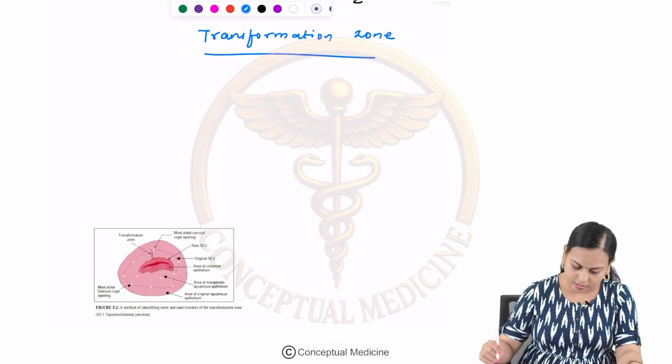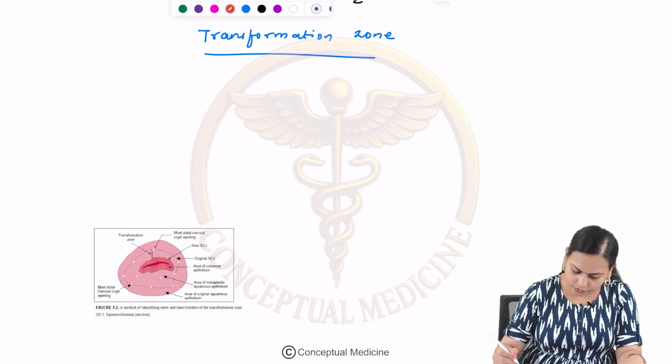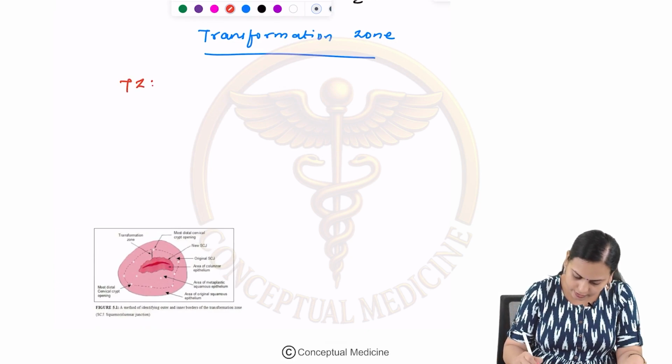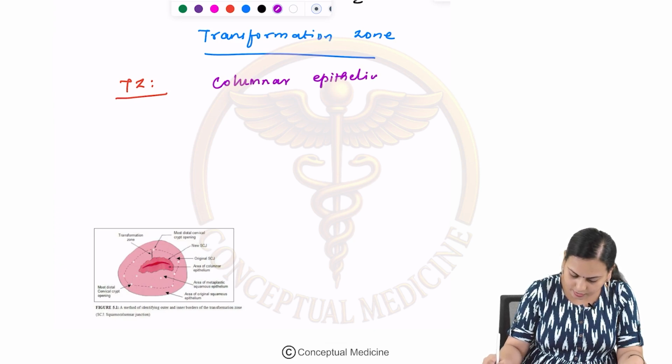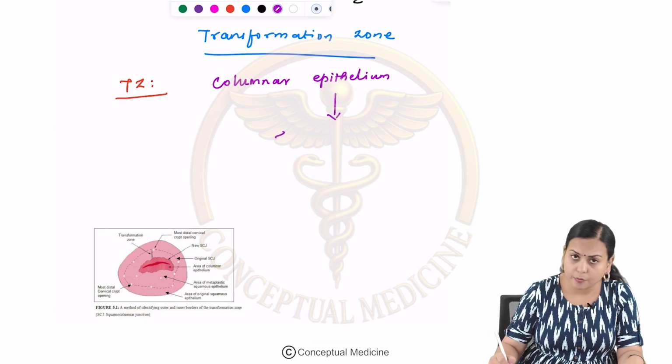Okay. Yes. Now, let us talk about transformation zone or TZ, I am writing it in short. So, transformation zone is the region of cervix where columnar epithelium has been replaced by the squamous epithelium.